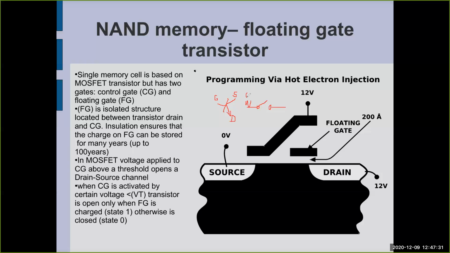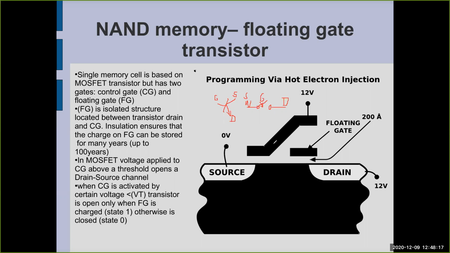What happens if you put voltage to the gate, the switch is closed, so the current may flow from source to drain. So it works like a switch. But if the gate voltage is below the threshold, this switch will be open, so it will not be closed.